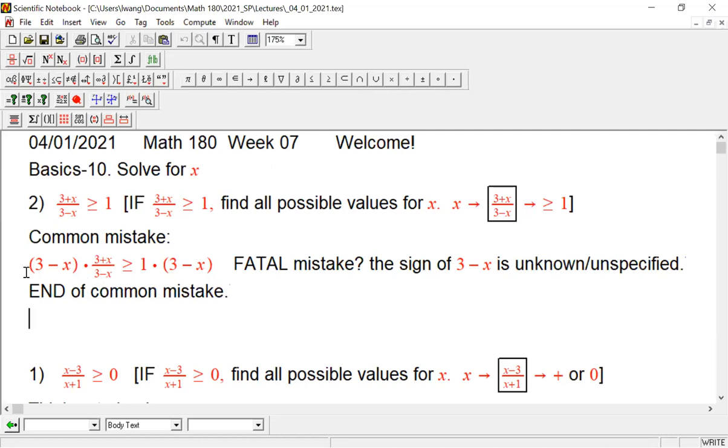Okay. But anyway, there was one semester I was teaching a pre-calculus class, and I was hospitalized that semester, and someone substituted for me. That substitute teacher taught exactly this method, the wrong method, to my students.